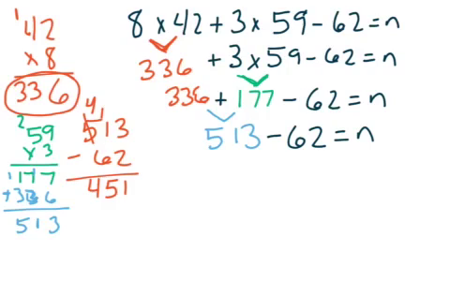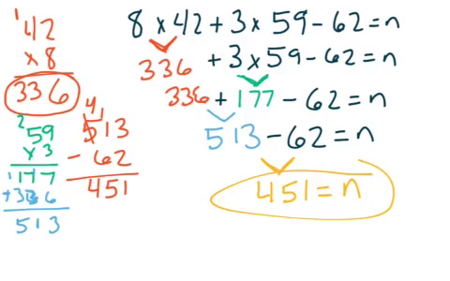Okay, I need my final caret. Shows me I subtracted, and I have 451 is equal to n. All of this work for one little answer. Now, notice how I rewrote my problem as I went down. I would solve for one product, and then I'd rewrite, and then I'd solve for another product, and I'd rewrite, and then I'd add and rewrote, and then finally subtracted.